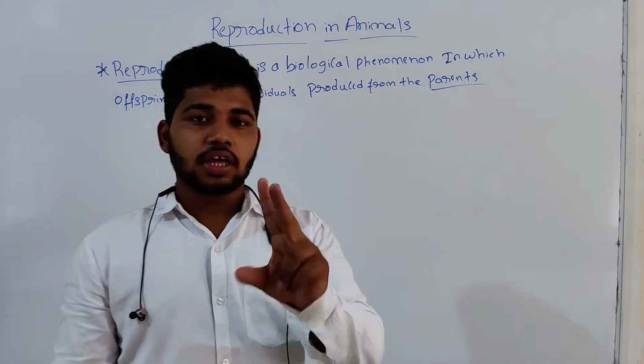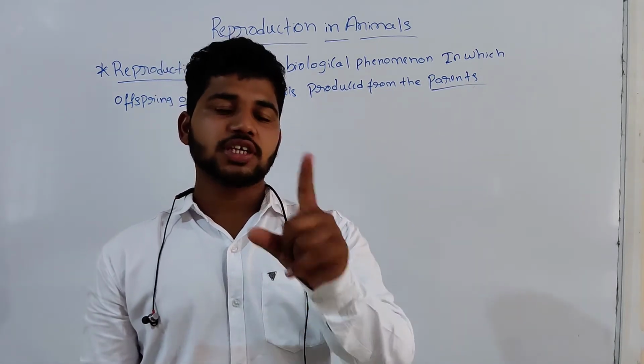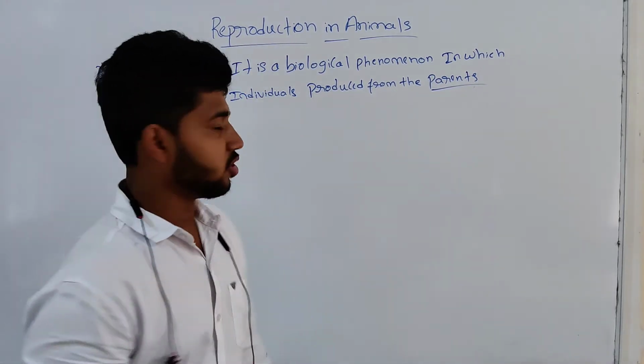In reproduction, there are two modes of reproduction. The first one is sexual reproduction, and the other is asexual reproduction.